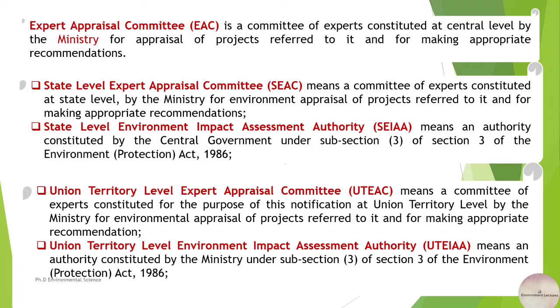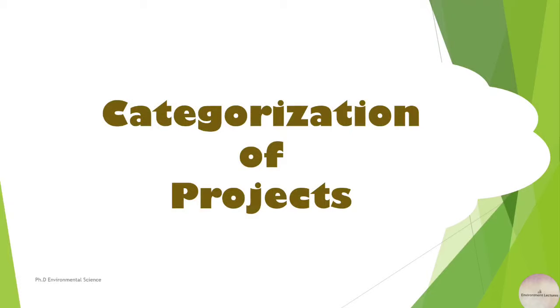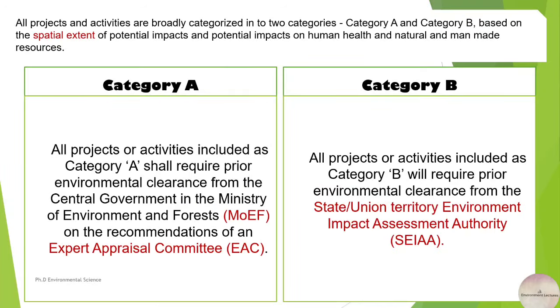Next is categorization of projects, like how projects are categorized, on what basis they are termed as category A projects, category B projects. So all the projects and activities, they are broadly categorized into two categories, category A and B, based on the spatial extent of potential impacts and potential impacts on human health and natural and man-made resources.